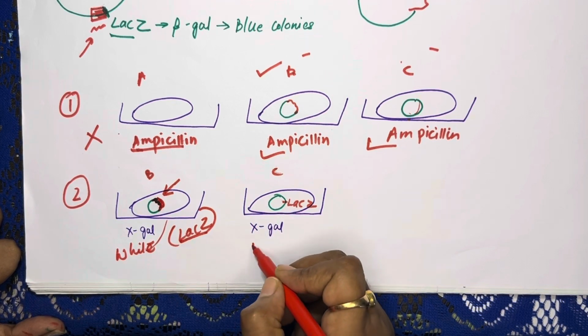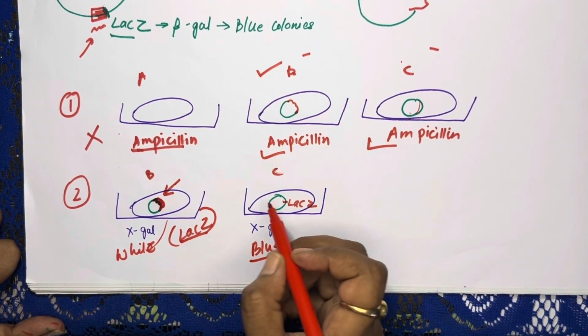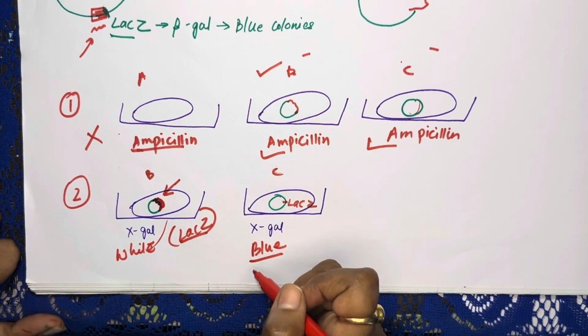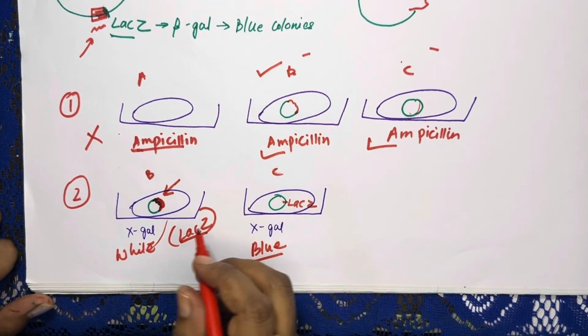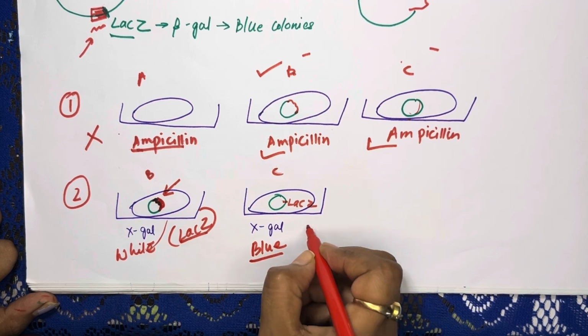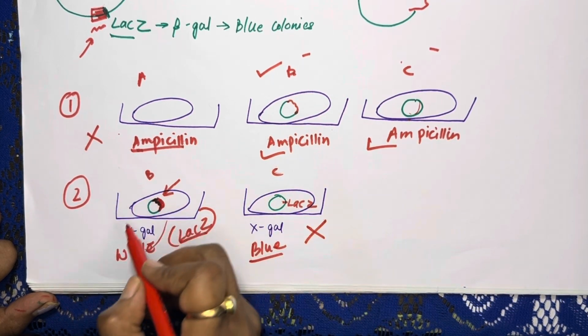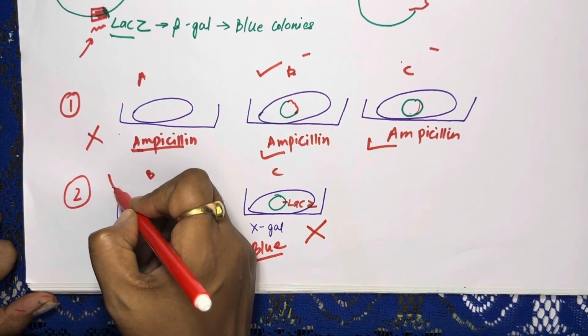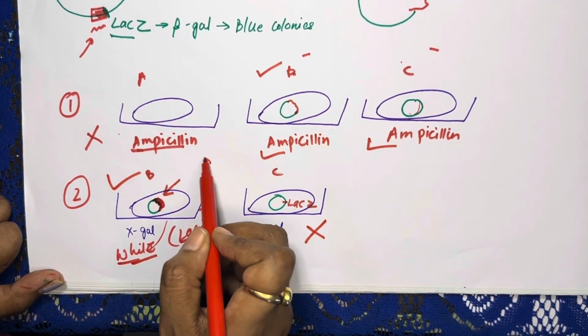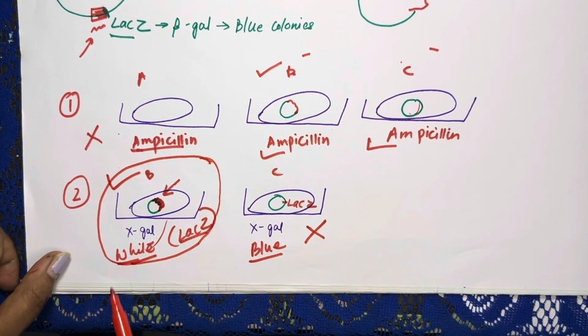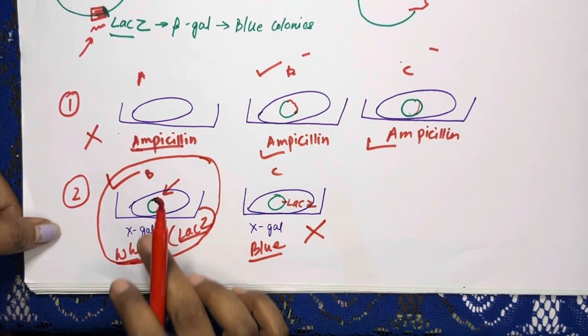And here there will be blue colonies. Why? Because the lacZ gene was as it is. It was not hampered by any insertion of any gene. So the cells where we get blue colonies will be eliminated, and where we get white colonies will be selected. So now we got our B bacteria, or the B host cells, which are our desired cells.